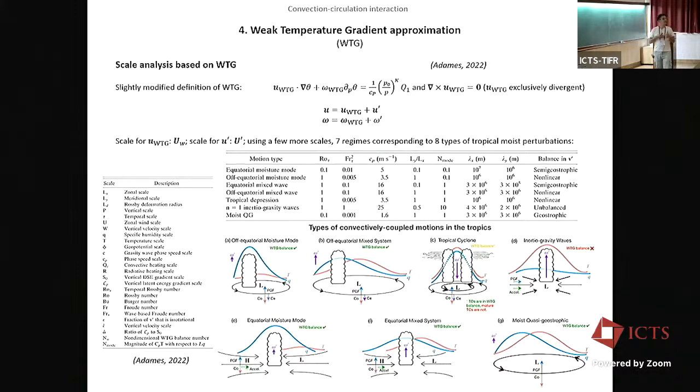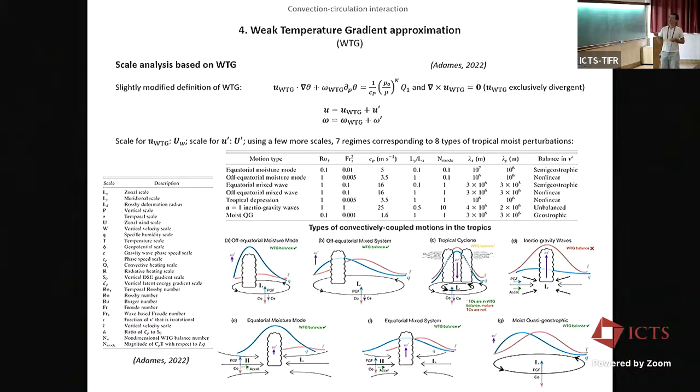So it's a sort of generalized definition of WTG. You could also think of it as a sort of diabatic wind. That's the wind that's really resulting at equilibrium from the diabatic forcing, and you take it to be only divergent so that you can close the system, and there's no rotational part to this wind.